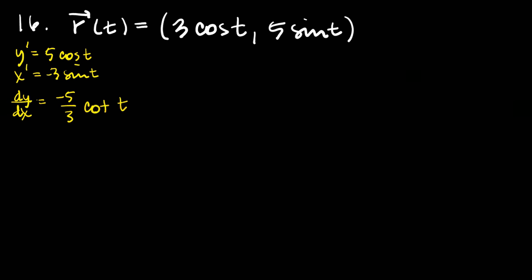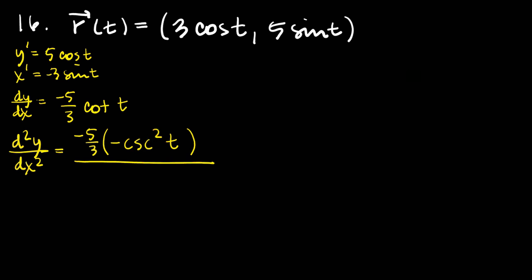Okay, that means that the second derivative of y with respect to x both times is going to be the derivative of -5/3 cotangent t, so that'd be -5/3 times negative cosecant squared t divided by dx dt, which is -3 sine t. Okay.